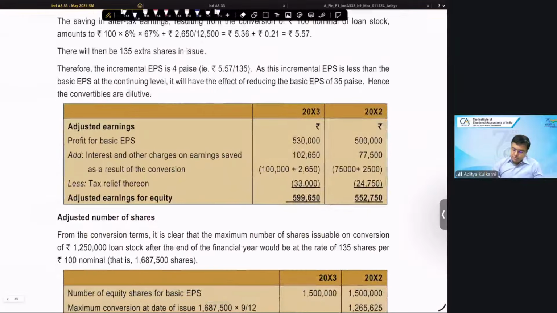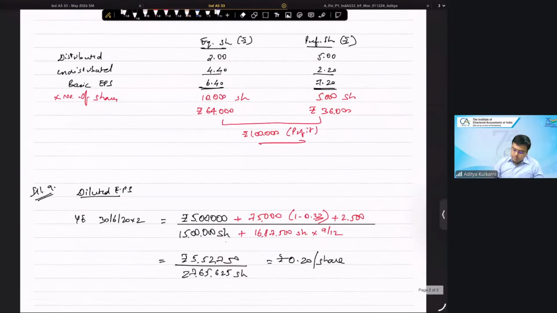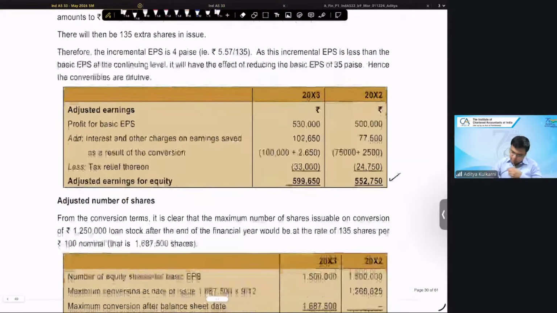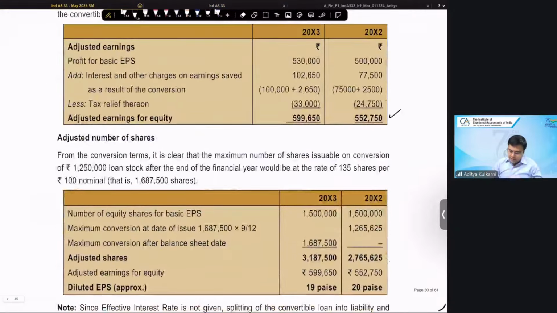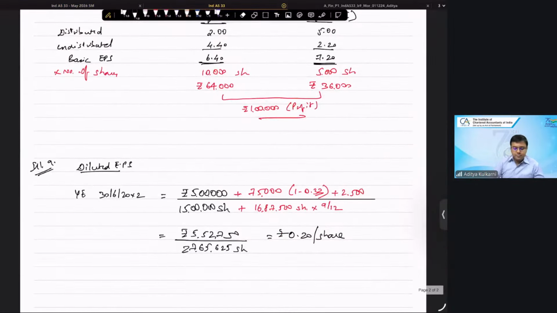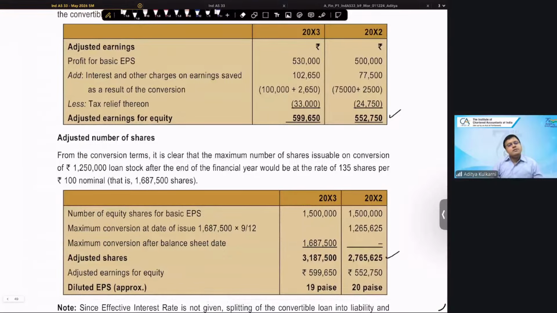Here also, are you getting profit of 5 lakh 50 to 750 as my answer? Yes. And if I look at the number of shares, I am getting 2765, 625. Yes. But sir, here we have done only calculation. Maybe their expectation is like this. No, it's not necessary.